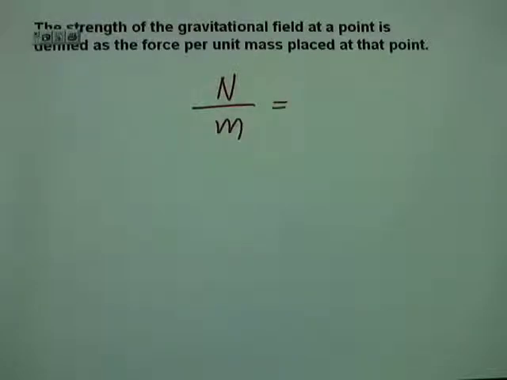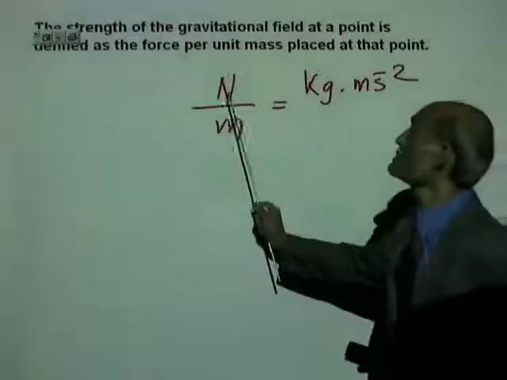Now, do you know what a Newton is? A Newton is a kilogram meter per second squared. Is that right? Alright, now let me make one correction to what I have been saying.